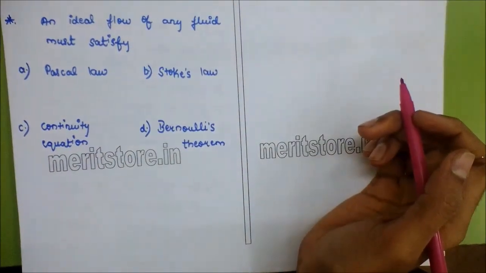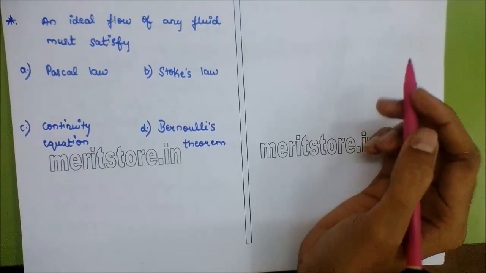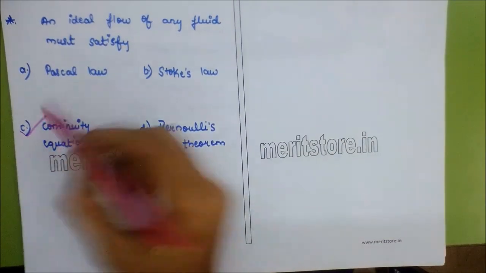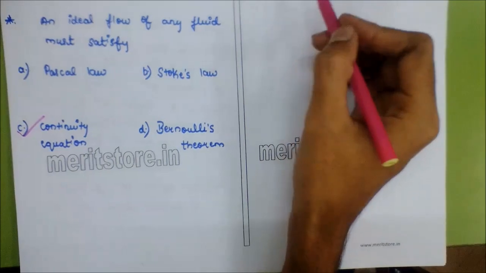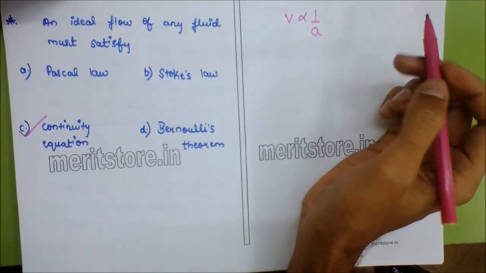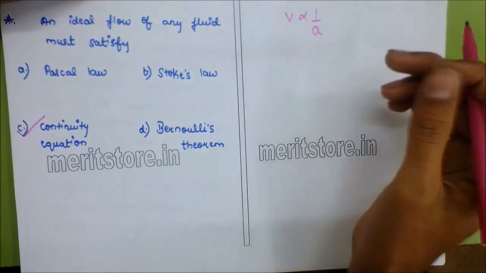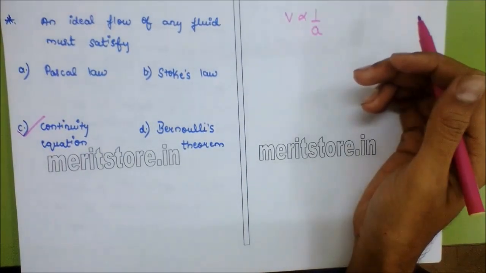An ideal flow of liquid must satisfy Pascal's law, Stokes' law, continuity equation, or Bernoulli's theorem. The correct answer is the continuity equation, because in the continuity equation the velocity is inversely proportional to the cross section area of the pipe in which the liquid is flowing.